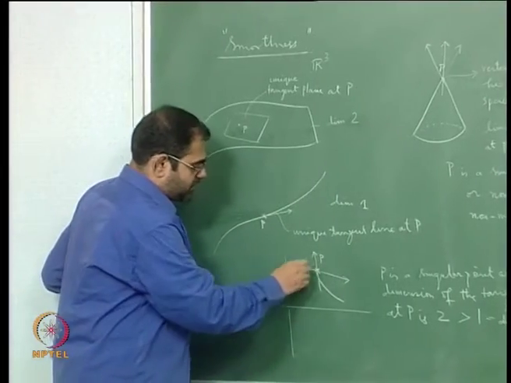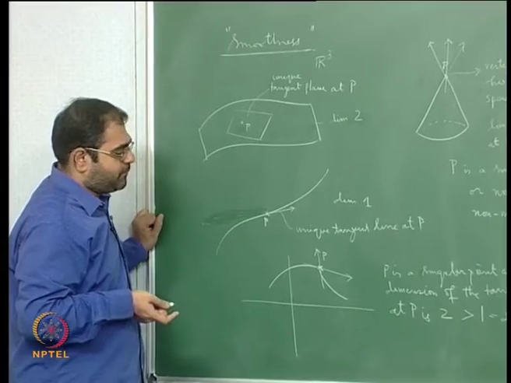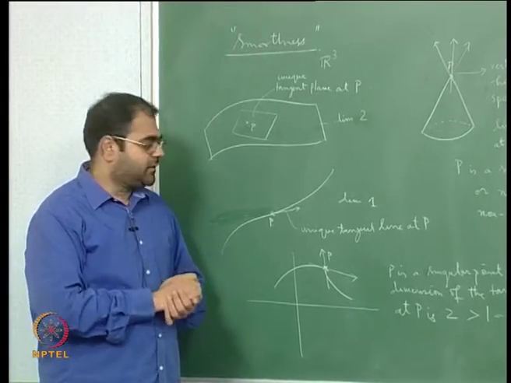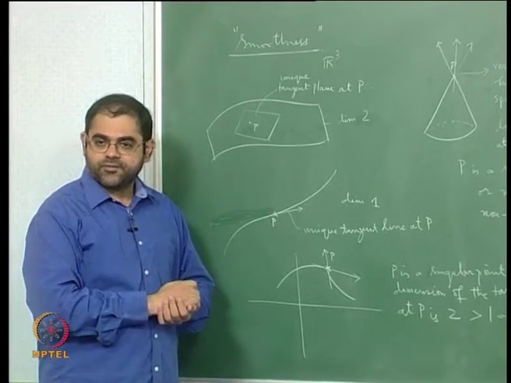So this is the curve on which the point is lying. The curve is one dimensional, but the tangent space at that point is 2 dimensional. Where the tangent space dimension exceeds the dimension, these are the singular points.